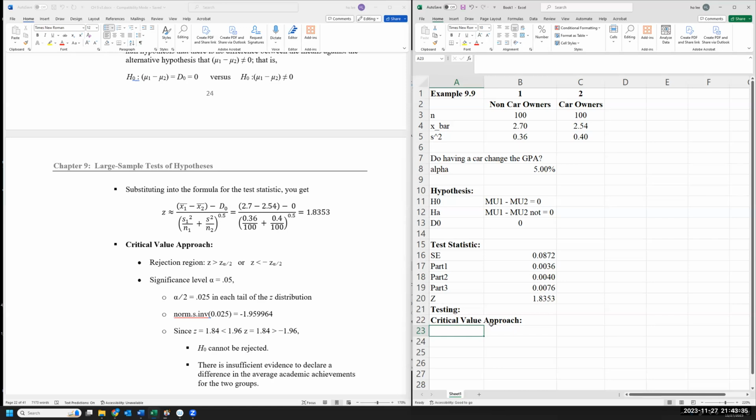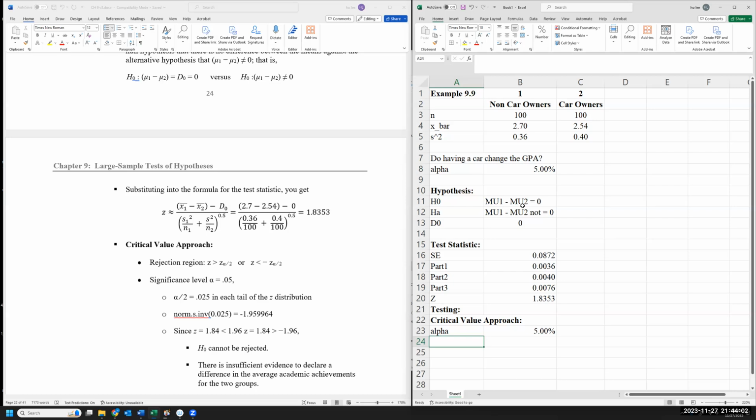We have the test statistic, it's 1.8353, and now we have to find the critical value. For the critical value, we have an alpha, and that is equal to this, 5%.